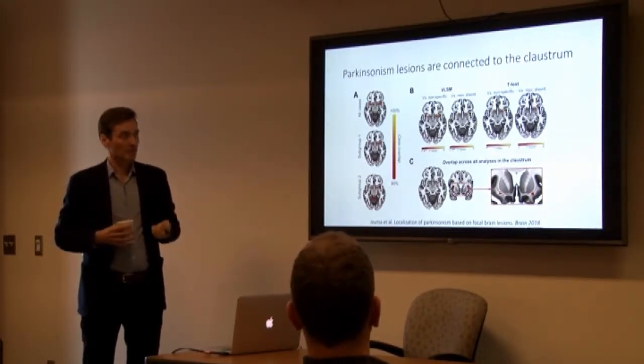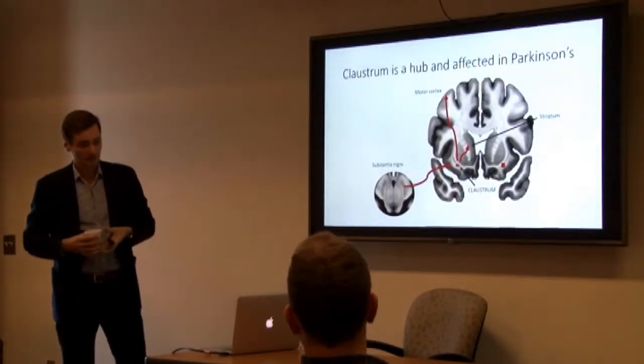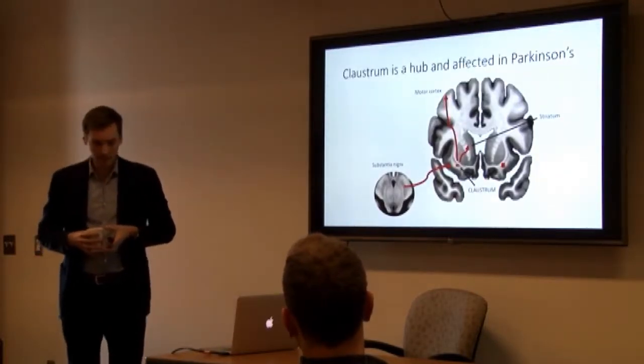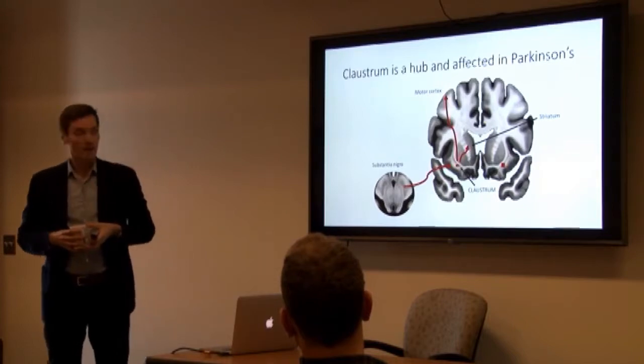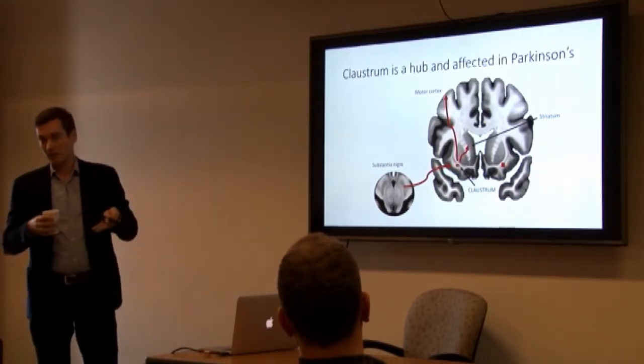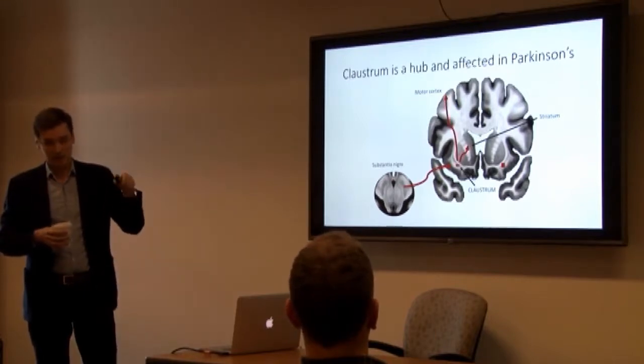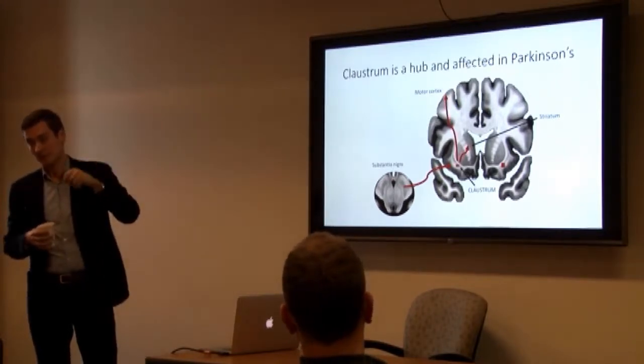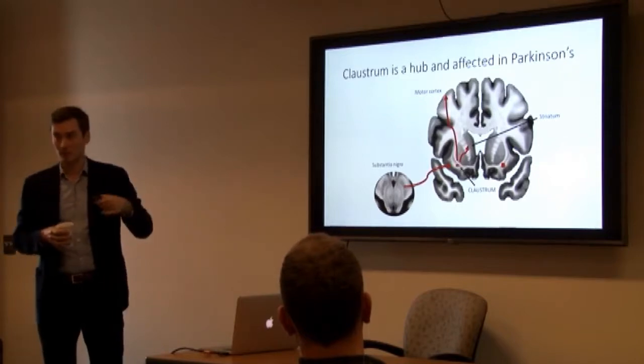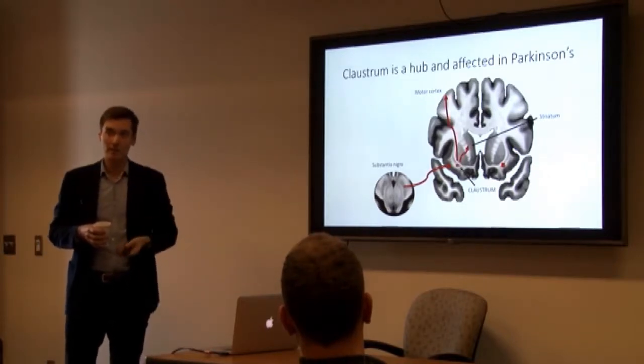But then when we started exploring the literature more closely, we found out that there are actually direct projections from the substantia nigra to the claustrum. There are connections from the claustrum to the striatum. There are connections from the claustrum to the motor cortical areas.